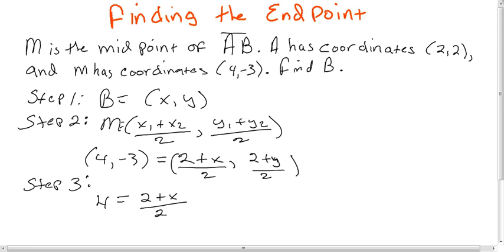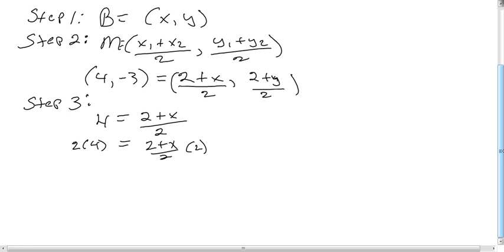Okay, so we're looking for x. Since 2 plus x is being divided by 2, we have to multiply both sides by 2. Now my 2's are going to cancel out.